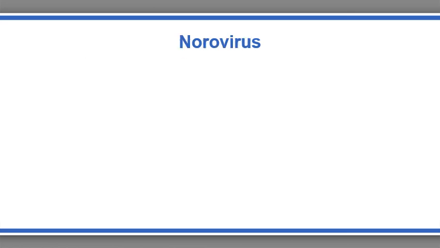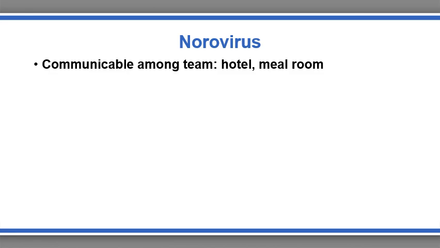So as it relates to gastroenteritis, norovirus, which is a very common stomach flu, if you will, does circulate at times throughout the year, very communicable, particularly among teams. So in sports medicine settings, this is something that can travel through a team or a group of student athletes very fast.